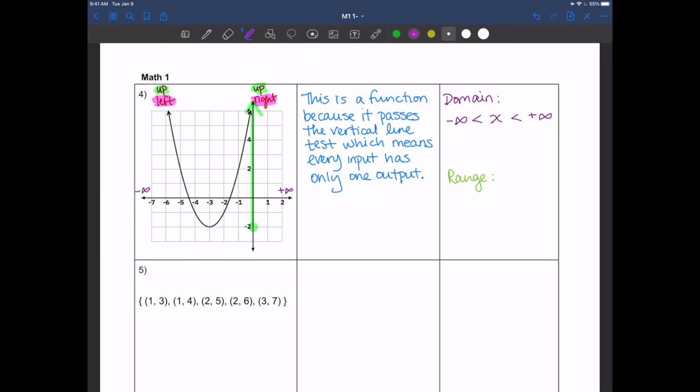If I went back to the domain, this whole number line would be highlighted. So the range starts at -2. Since I can be equal to it, I'm going to say less than or equal to y, and then I'm going to positive infinity. But since my arrow is not pointing down, I'm not going to negative infinity. So it's less than positive infinity. And that's how you write the domain and range in inequality notation.